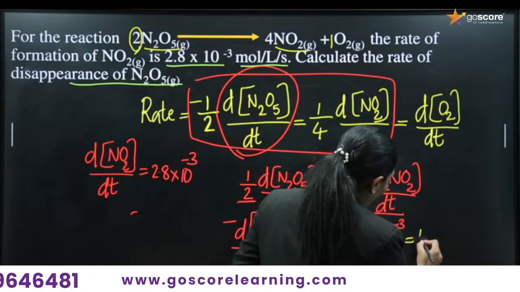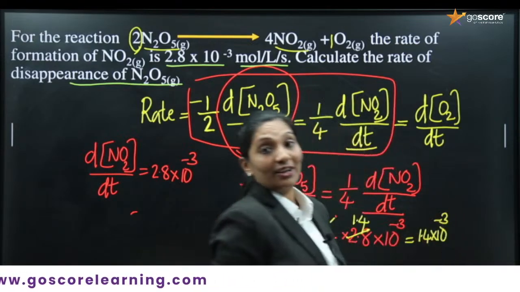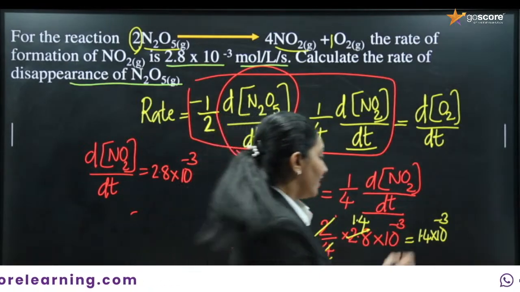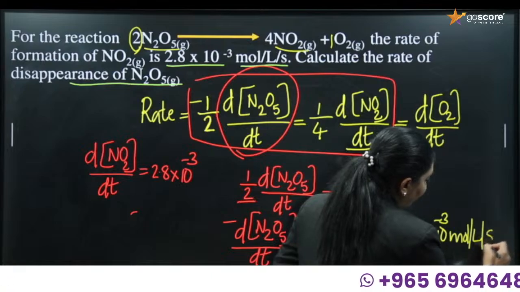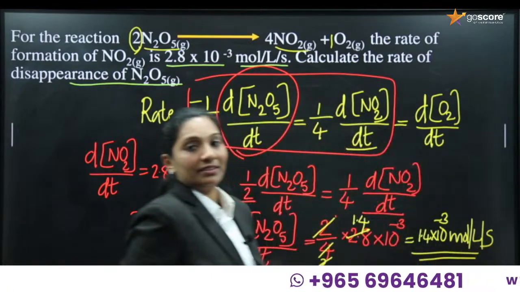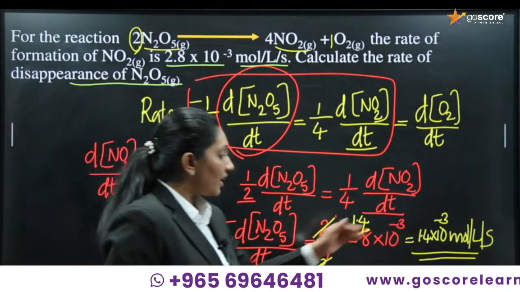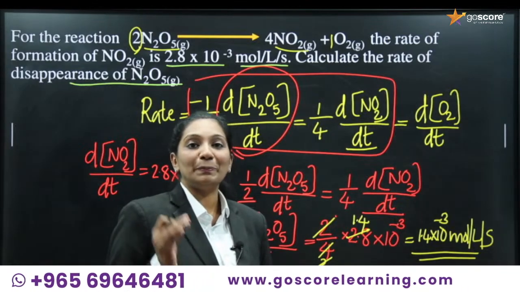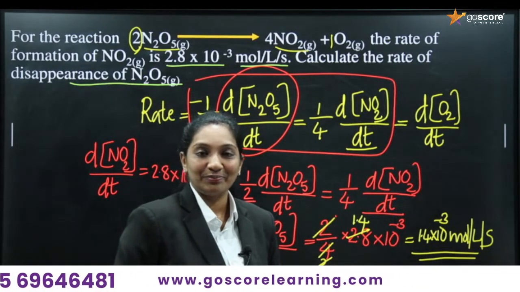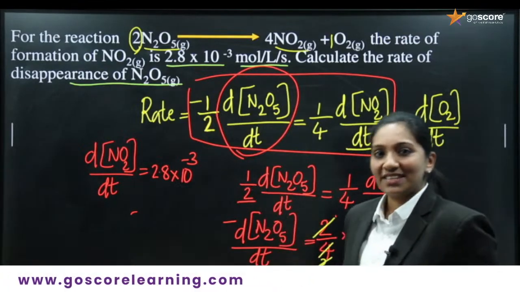It will be 1.4 into 10 the power minus 3. What is the unit? It is the rate, so mole per liter per second. That is your final answer. That is, the rate of disappearance of N2O5 is 1.4 into 10 the power minus 3 mole per liter per second. So can we move on to a question that will be in the same mode?